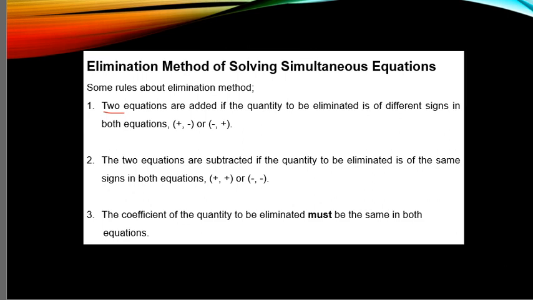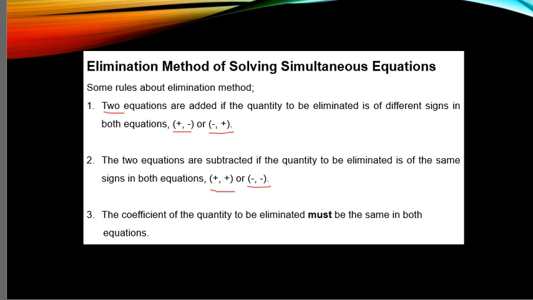You only add when the signs are opposite, either plus minus or minus plus. Secondly, the two equations are subtracted if the quantity to be eliminated is of the same sign in both equations. So if the signs of the variable to be eliminated are plus plus, you subtract. Minus minus, you subtract, in order to eliminate the variable.